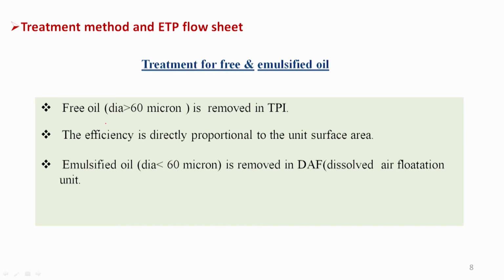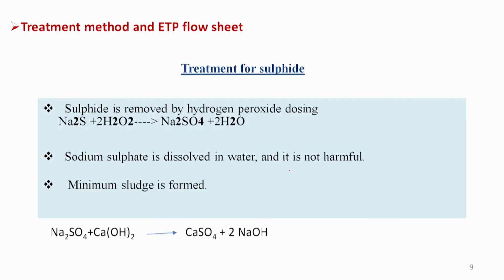Free oil is removed by TPI, and its efficiency is directly proportional to the unit surface area, and emulsified oil is removed by the dissolved air flotation unit. And then the treatment for sulphide.